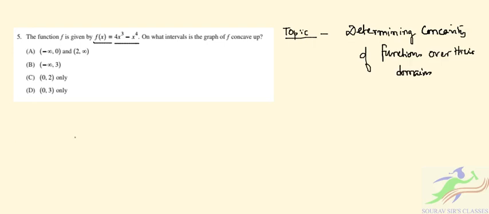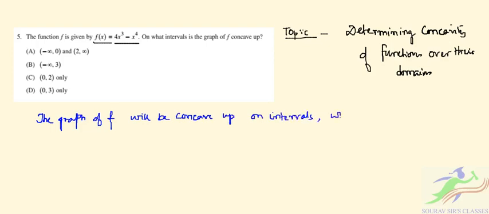Now let us start to solve this problem. So we have to find on what intervals the graph of f is concave up. Okay, so the graph of f will be concave up on intervals where the double derivative f double prime of x is greater than 0.